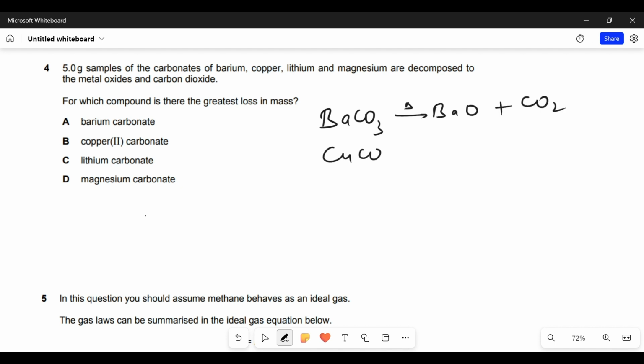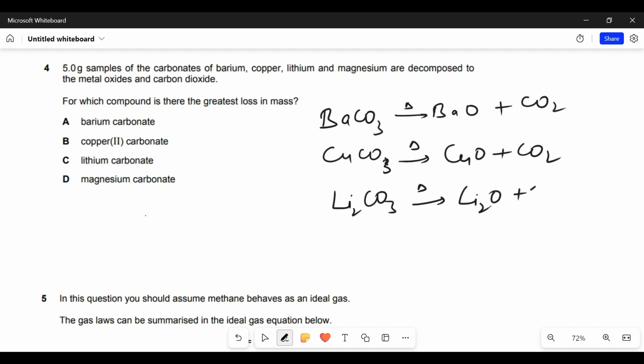Similarly, CuCO3, if it decomposes, it gives you CuO plus CO2. Lithium carbonate Li2CO3 decomposes to give Li2O plus CO2, and magnesium carbonate MgCO3 decomposes to give MgO plus CO2.